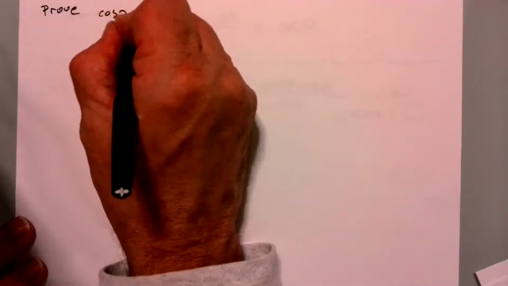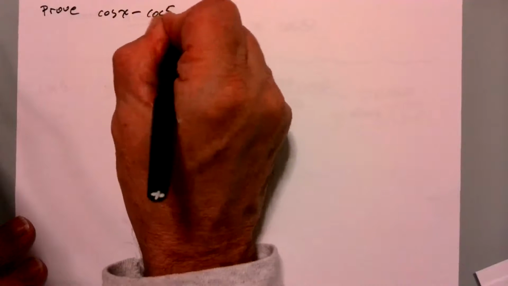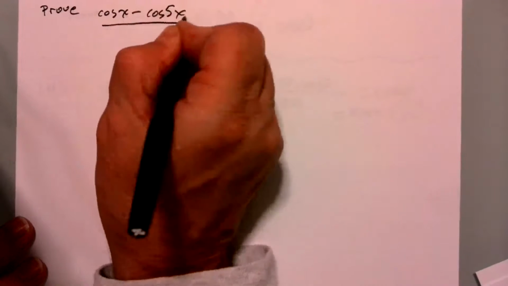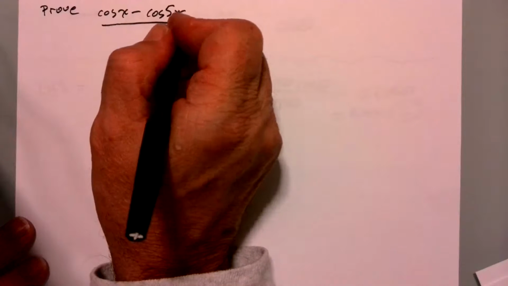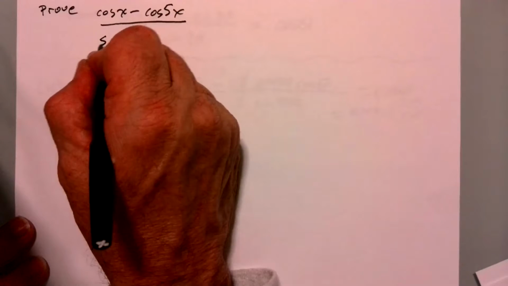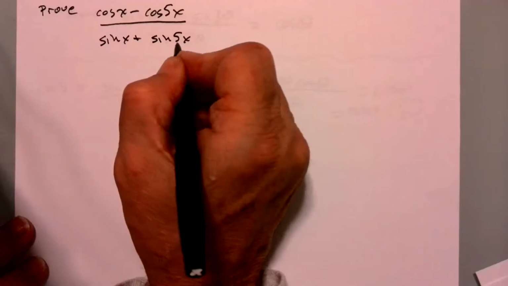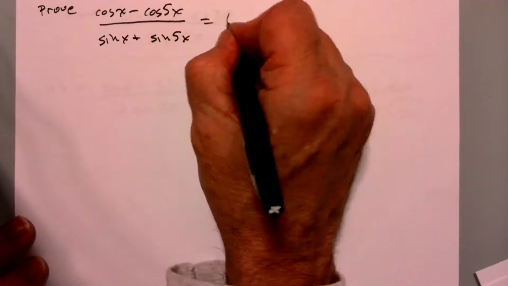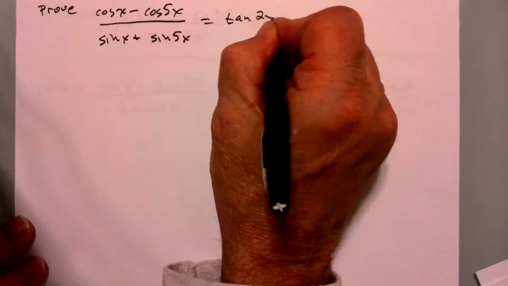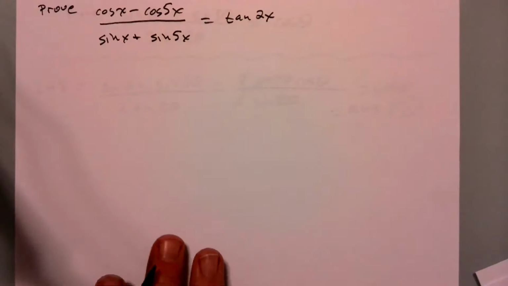Prove cos x minus cos 5x over sine x plus sine 5x equals the tangent of 2x. That's what we're going to try to prove, and we'll see if we can do it.